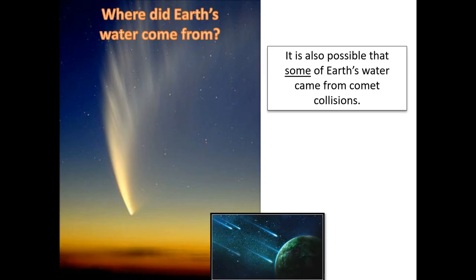So another hypothesis that used to be more popular, but I think is slowly starting to lose traction as more isotopic evidence from comets starts rolling in. We have more chemical data coming in from rovers and spacecraft that we have landed on the surface of comets.